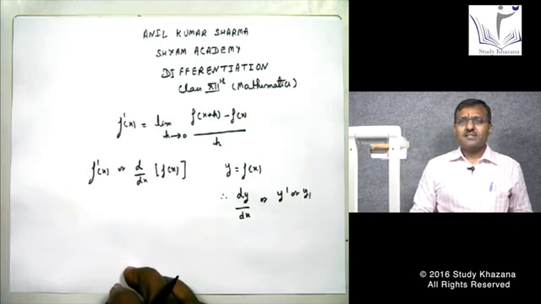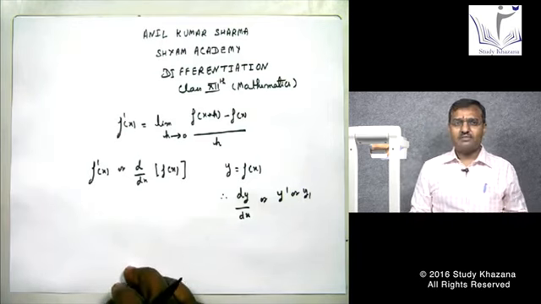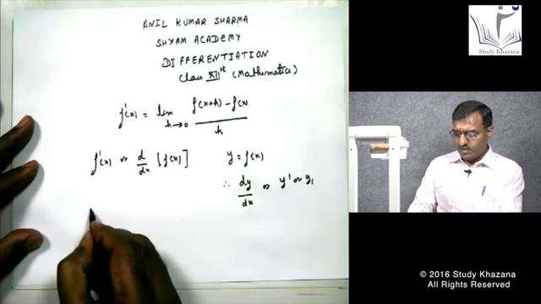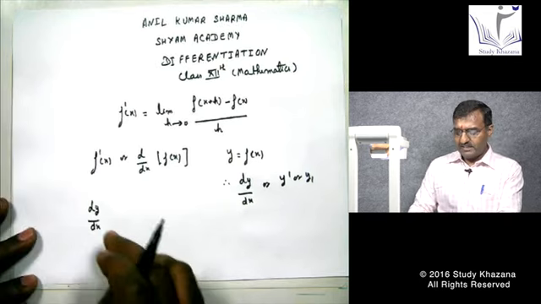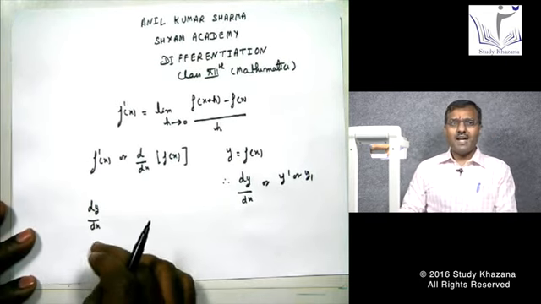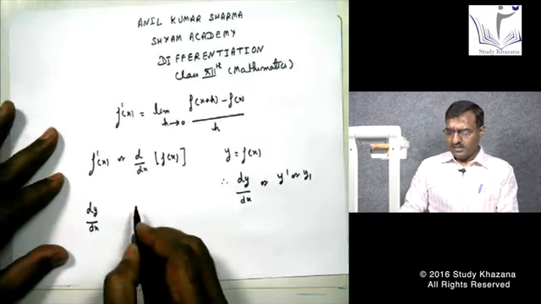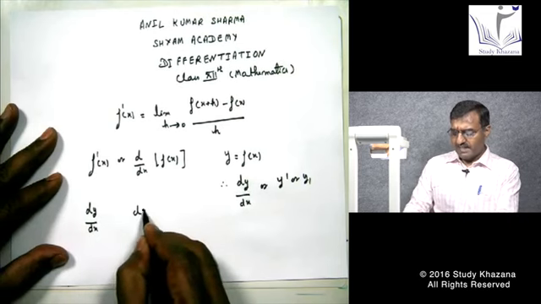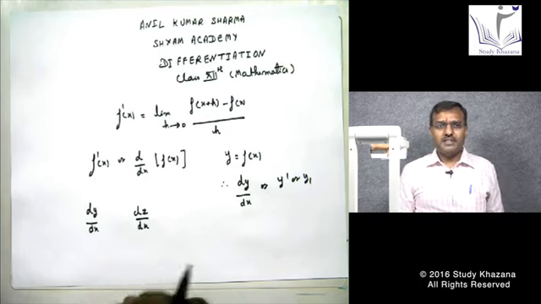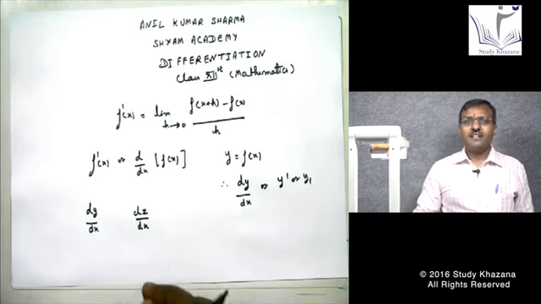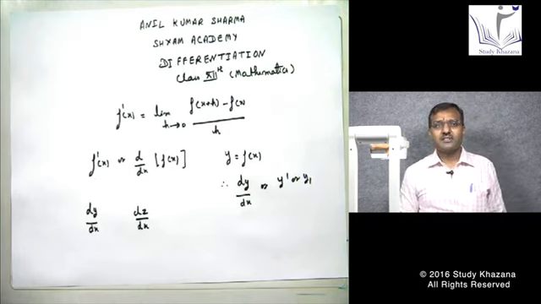So how will you define the derivative? If I am writing dy by dx, it means the derivative of y with respect to x. Suppose instead of dy by dx, I write dz by dx. Now what does it mean? It means the derivative of z with respect to x.